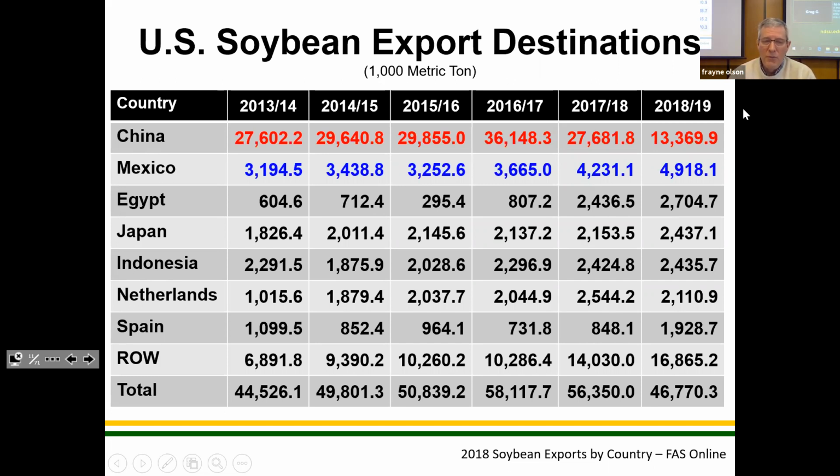When you compare the volumes we send to China versus our second largest customer, which is Mexico, and I'm going to come back to Mexico in a little bit about how Mexico is adjusting to concerns with coronavirus, Mexico is our number two customer, and then it drops off fairly quickly after that.